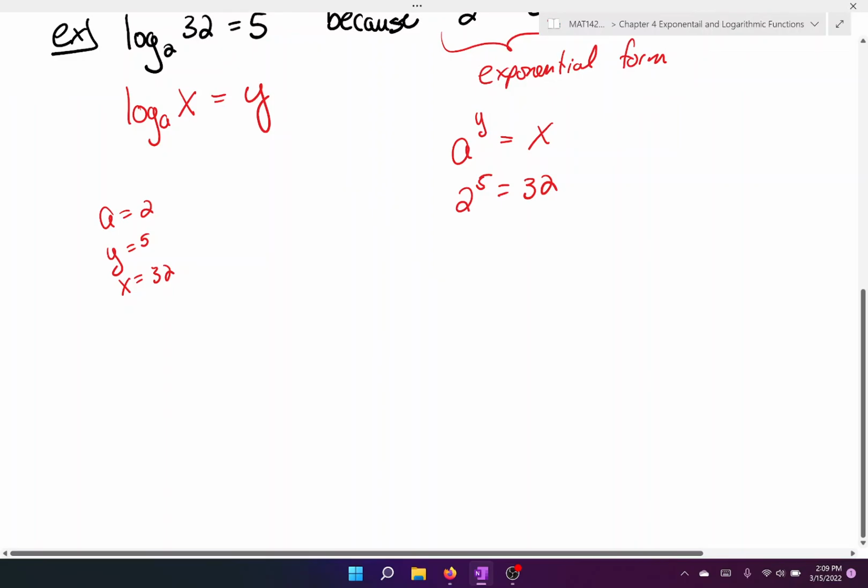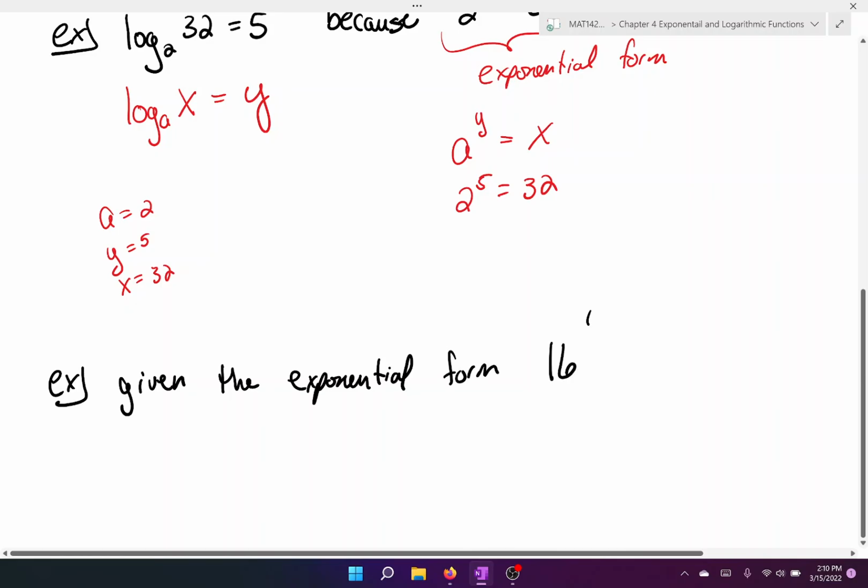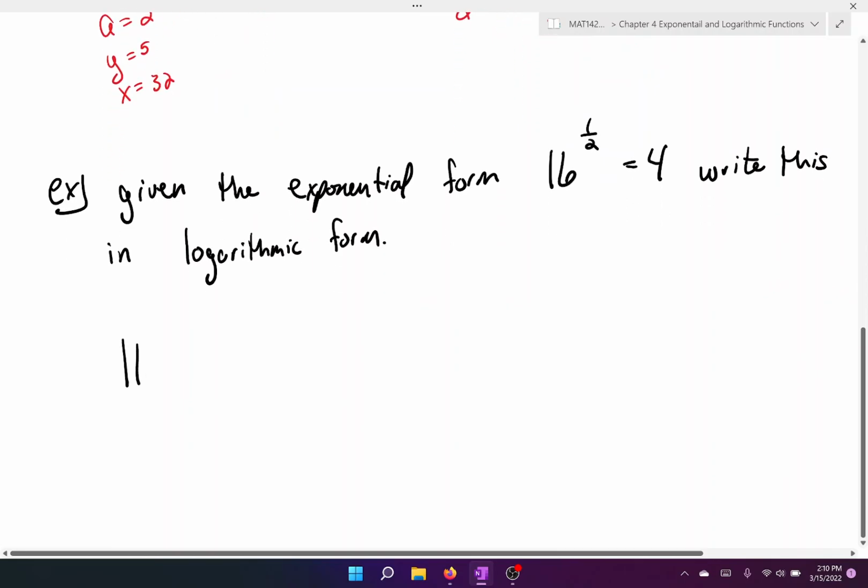All right. So maybe I'll write the directions like this. Given the exponential form, 16 to the 1/2 equals 4, write this in logarithmic form. Okay? So here's what we know. 16 to the 1/2 equals 4.